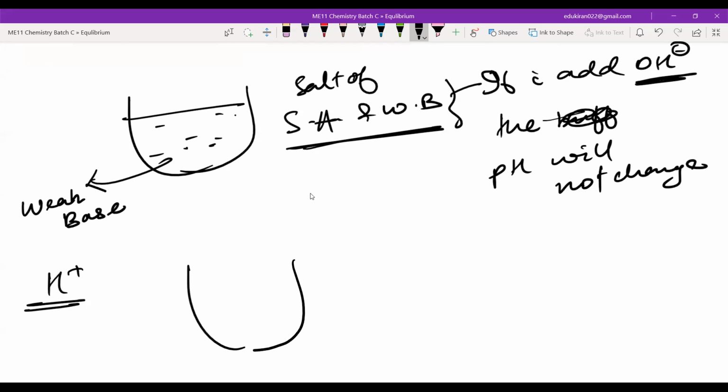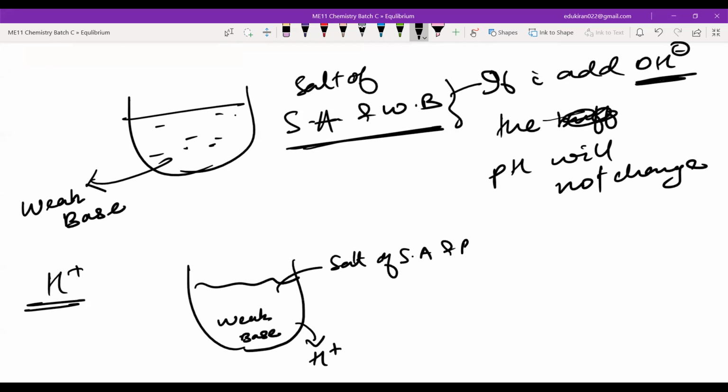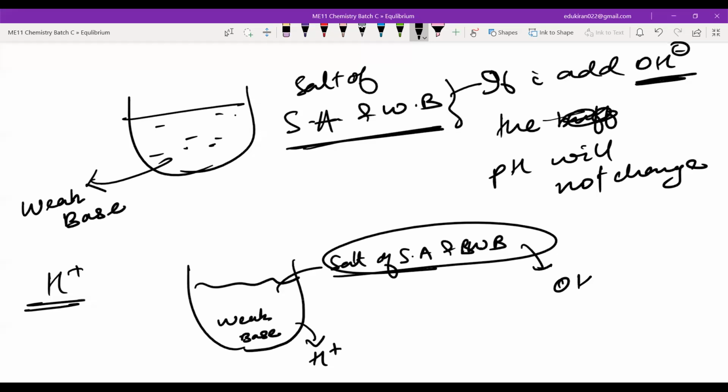It has a weak base, which means it can consume H positive ions. Then I add the salt of strong acid and weak base. It is going to take care of the OH negative ions, and hence I have created a buffer.